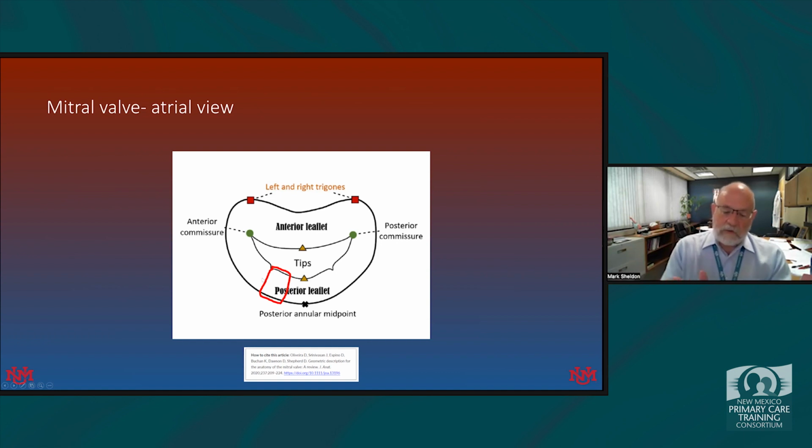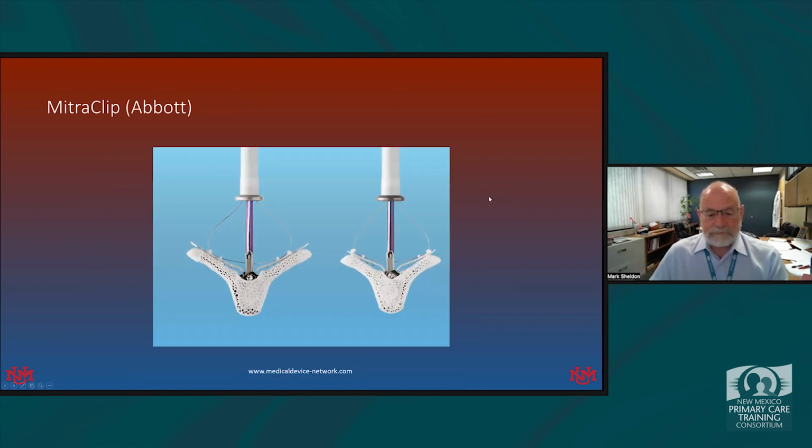So not only is it causing the annulus to be a little smaller, but it actually is taking out the diseased portion of that posterior leaflet and enabling the valve to be competent again. And again, repair is always preferable to mitral valve replacement. Replacing it with a valve changes so many things with that complex anatomy that it makes outcomes significantly worse if they have to have a replacement.